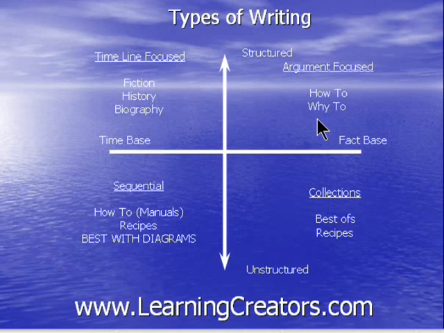So, for example, a recipe. Recipes are, by nature, simply a sequential order of steps. So each recipe I have to create in a sequential order. But then I've got to do something with them. I've got a whole bunch of them here. I've got, in effect, a collection. Now, I can just put them one after another in alphabetical order, okay, but I've still applied a structure.